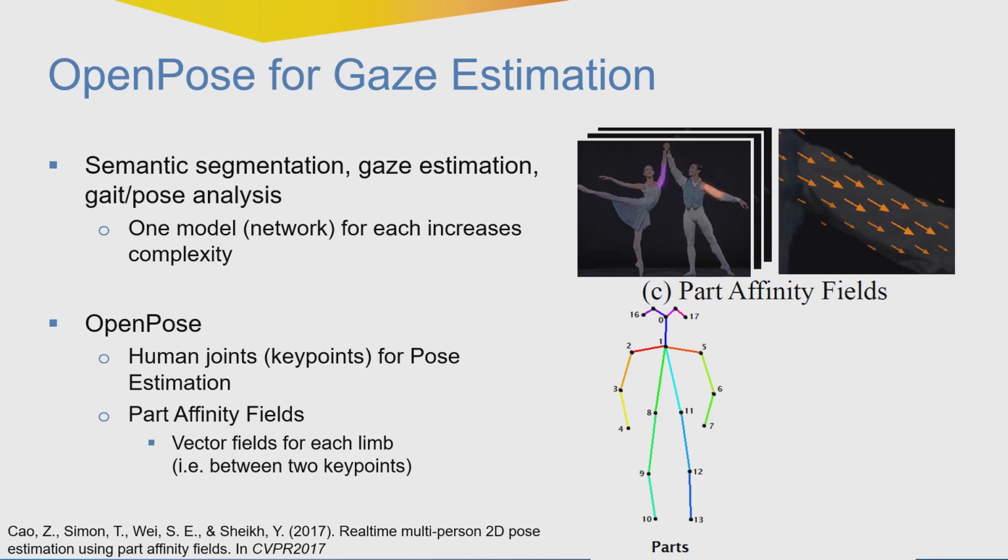Based on that, there are some bipartite graphs and such that they use to identify the optimal configuration of joints. They can recover where the joints are, and you also have these affinity maps available. So these are the two inputs that we can use to help us in our gaze estimation task.